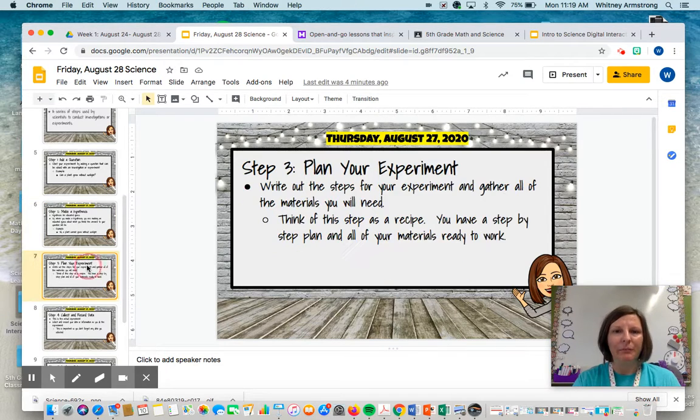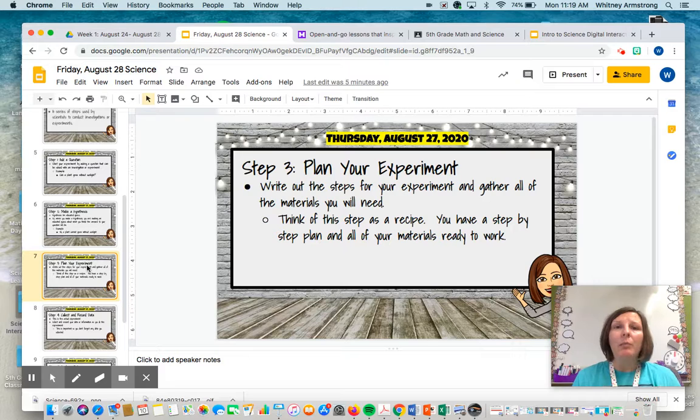Step 3, obviously, plan your experiment. You're writing out the steps for your experiment and gathering all of the materials that you're going to need. When I think of this step, it reminds me of a recipe. When you look at a recipe, it has certain steps you have to do in a certain order, and it also gives you a list of materials that you're going to need.